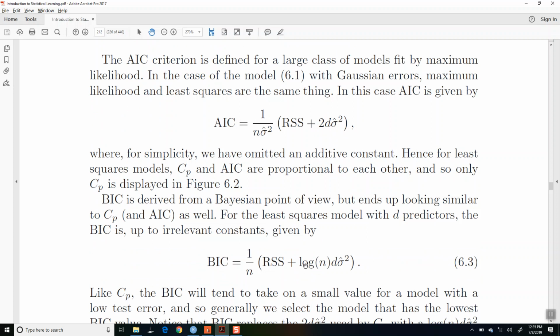So as long as log of n is bigger than 2, which is almost always, this is a bigger penalty for the number of predictors. D is the number of predictors. So for each additional predictor in AIC, this thing goes up. And BIC, for each additional predictor, this thing goes up as well. Log n is a bigger number than 2, so this basically imposes a heavier penalty for more predictors.